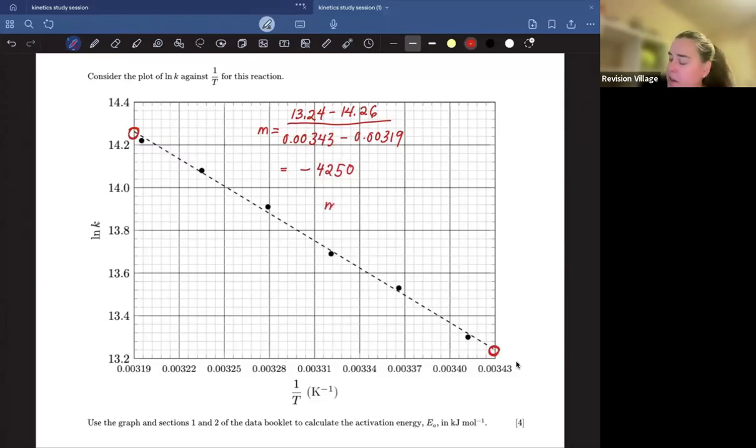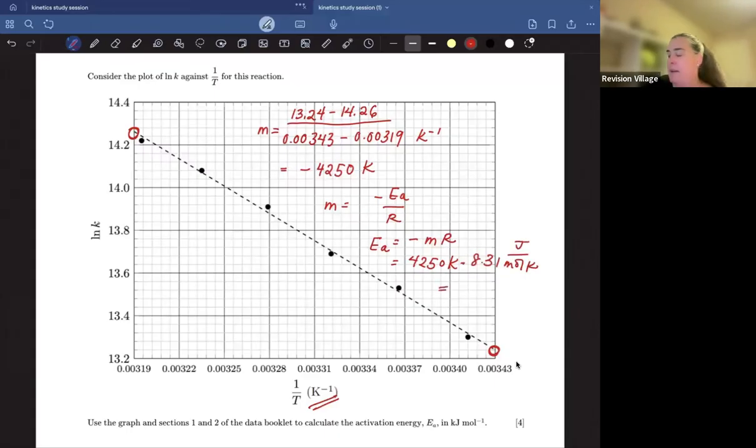And I know that the slope is equal to minus the activation energy divided by R. And the slope didn't have any units on the top. On the bottom, I had inverse Kelvin. And so the slope has units of Kelvin. So if I rearrange this formula, I would find that the activation energy is minus the slope times R. So it's going to be equal to 4250 Kelvin times 8.31 joules per mole Kelvin.